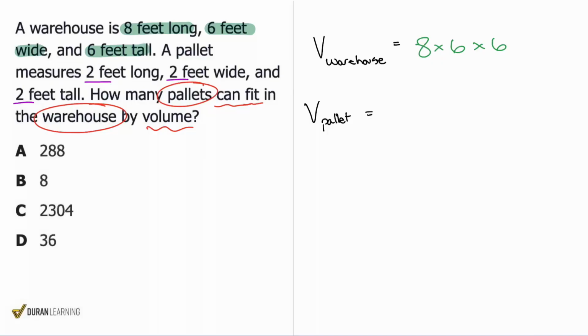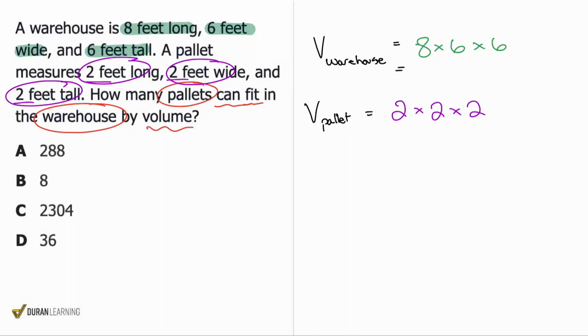I only made this problem. I only work here. So anyways, we have 2 by 2 by 2. We'll write that down. And that's what our volume is going to be. So from here, let's just calculate each volume, see how many fit in from one to the other by division, and we're done. So let's get to work here.